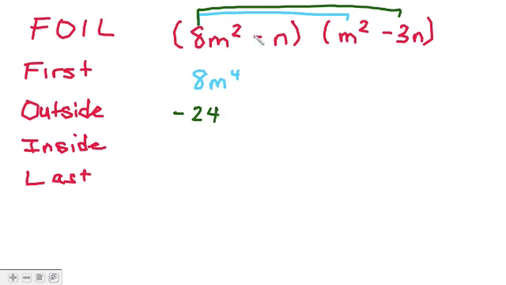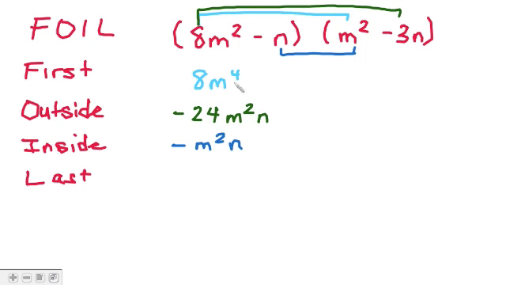Now, I don't have an m squared to share with it, so that one comes down, and I don't have an n to share, so that just comes down as a new combination. Let's do my insides. My insides here are these two inside numbers, which is negative 1 times 1, which gives me a negative 1. Nothing else there to do, so let's put m squared n, again going in descending order, the one with the exponent should go first.